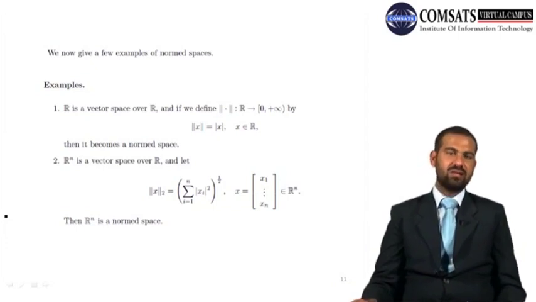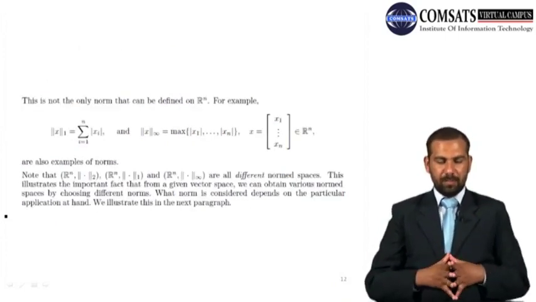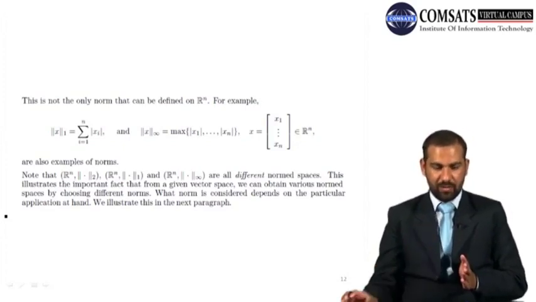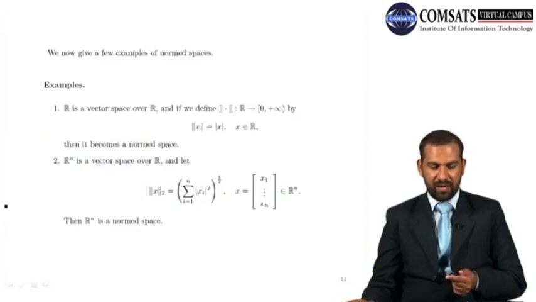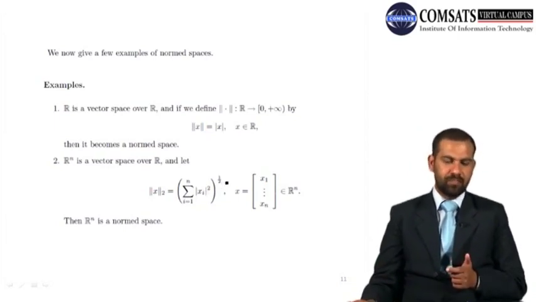So how can we construct different norms on this Rn? For example, if we take norm 1 where p equal to 1, p is some power, like look in the previous example, here the 2 means you will take the power p here and here you take 1 over p, where p is some natural number.